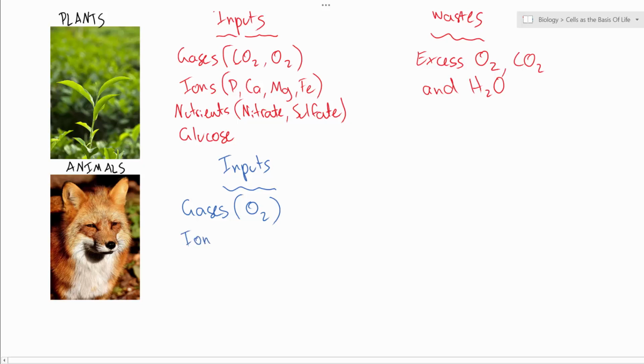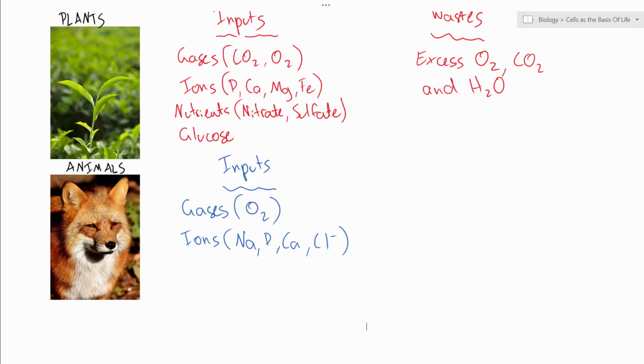Also ions, such as sodium, phosphate ions, calcium ions, chloride ions. A number of these are required for messaging, like nerve messaging and things like that. So ions are used to transport messages, and they're required inside of the body for this to be able to occur.